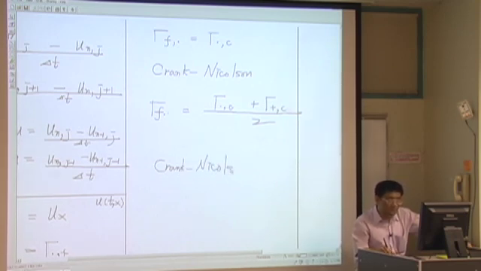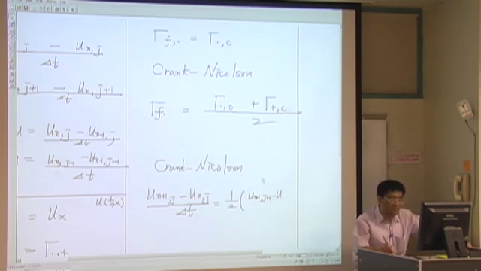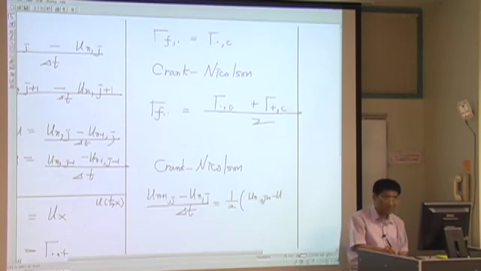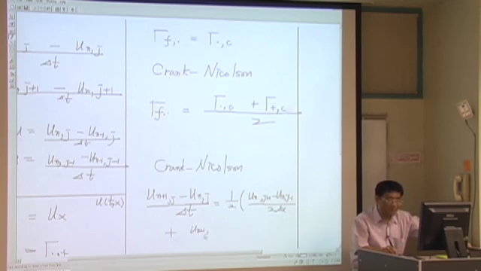And it looks like this. (u_j^{n+1} - u_j^n)/Δt = 1/2 times [ (u_{j+1}^n - u_{j-1}^n)/(2Δx) + (u_{j+1}^{n+1} - u_{j-1}^{n+1})/(2Δx) ].